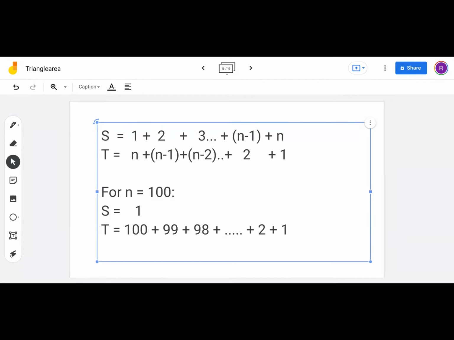Just think about it: this is like the lower triangle, this is like the upper triangle. So I just took these numbers 1 plus 2 till 100, and I just took them in reverse order.